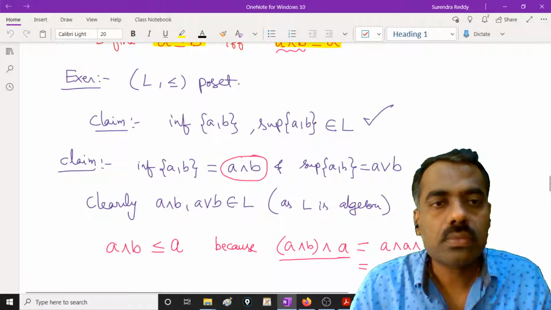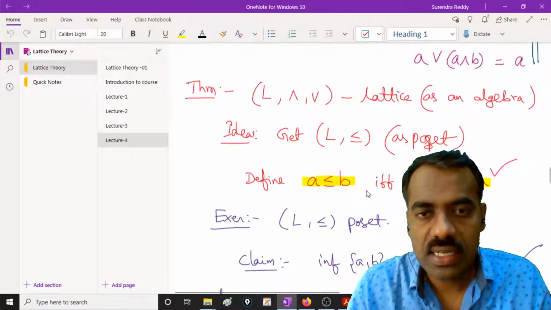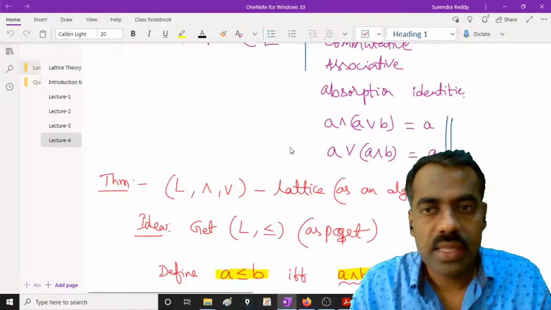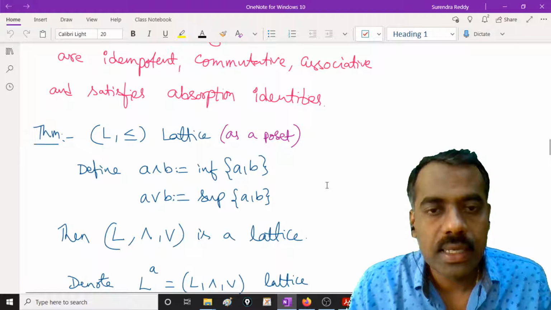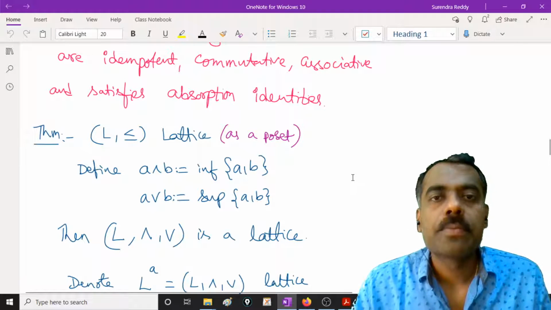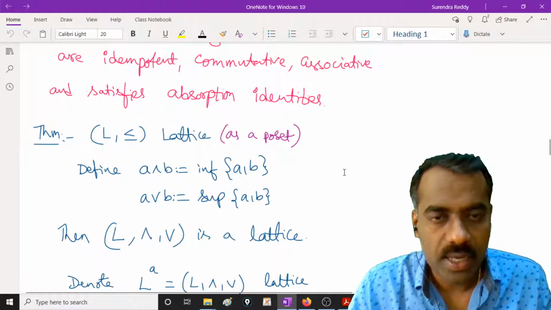Fine. If you see the last class, what we have discussed is the following: we have defined a lattice as a poset. Then we have defined it as an algebra.